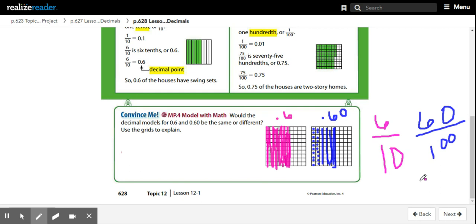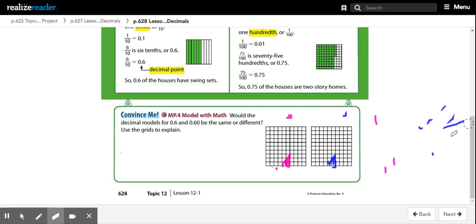If I multiplied 6/10 by 10, I would get 60 100ths. So these are equivalent fractions, which means their decimals are also equivalent. I'm going to erase before I move on to the next part with you.